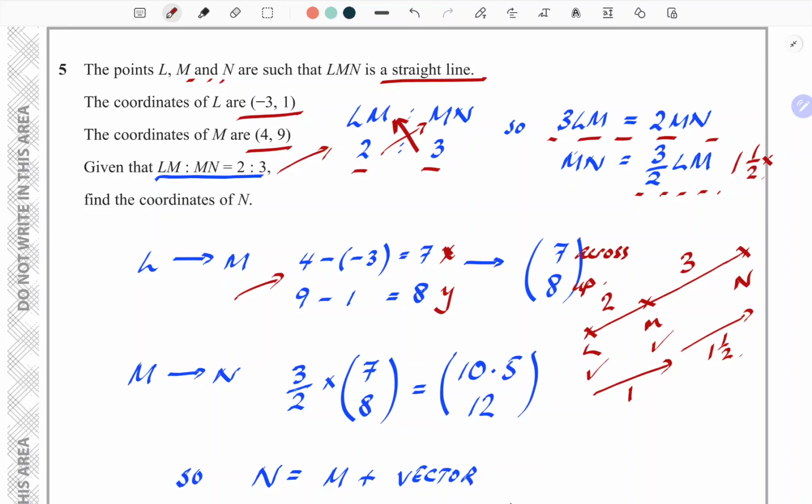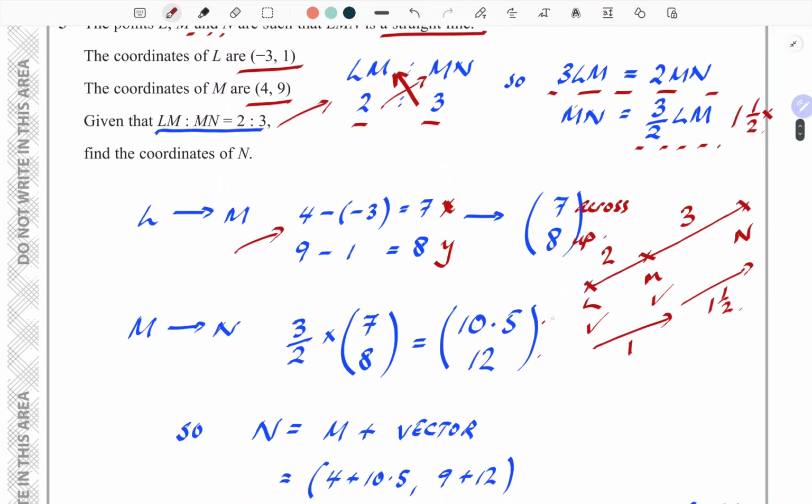Use your calculator if you wish, mental maths, whatever appeals to you. So 1.5 times 7 is 10.5, and 1.5 times 8 is 12. So the movement from M to N is 10.5, 12. Again, that's 10.5 across and 12 up.